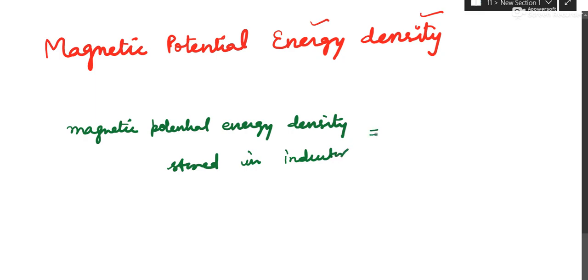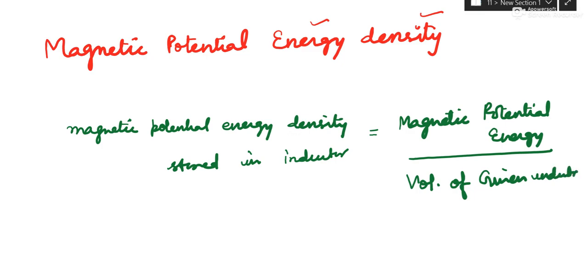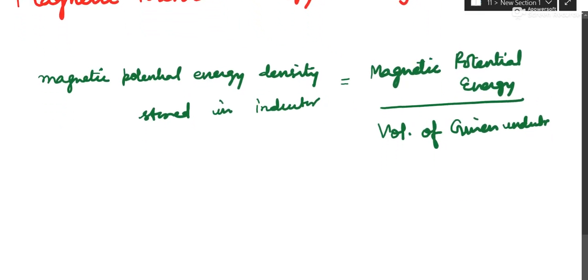So it will be equal to magnetic potential energy per unit volume of the inductor. Volume of the given inductor. Inductor means solenoid. So now we are writing in terms of symbols.